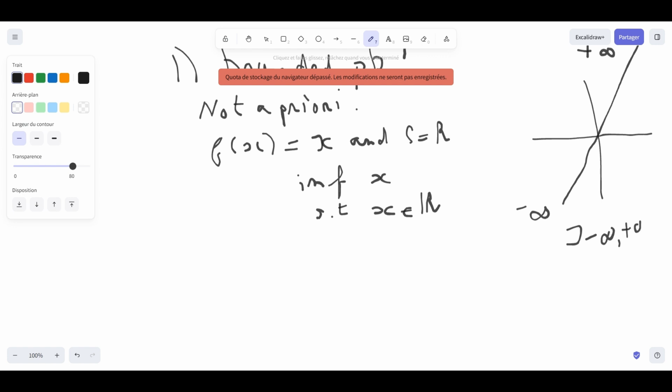Second question, which is more or less related to it: if bounded, is the optimal value achievable? I'll let you think about it. Once again, you can think of a counterexample.